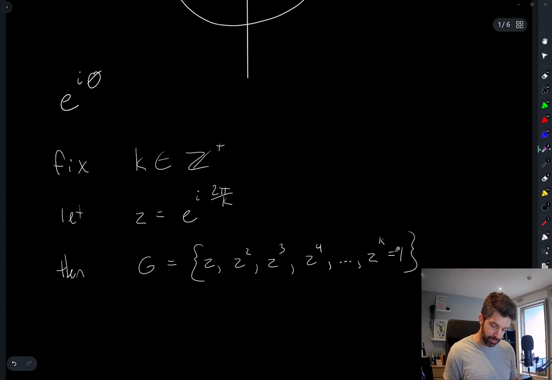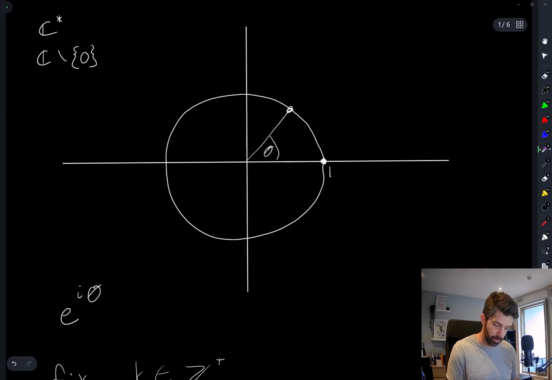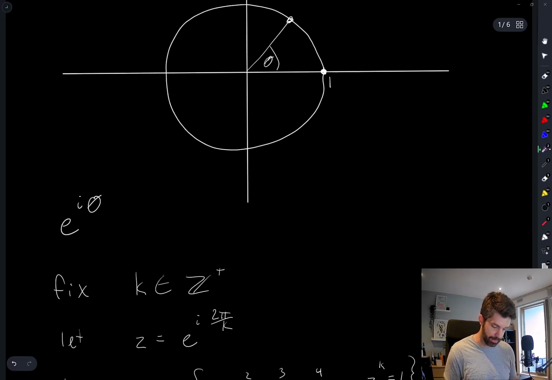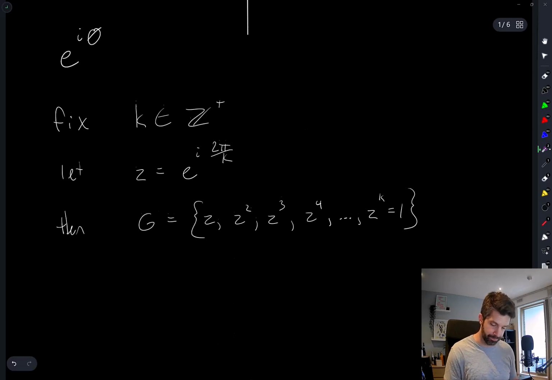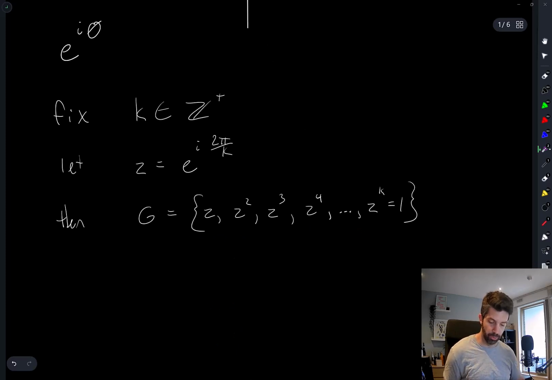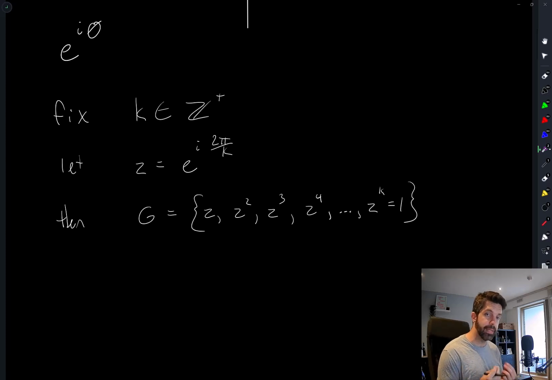Z to the k is equal to 1 because if I raise this to the power of k, I get e to the 2 pi i, which is the number 1. We've rotated by 2 pi over k, k times, so we get back to 1. So this will be a subgroup. It's a finite collection of points in the complex plane, so it's clearly closed and bounded.